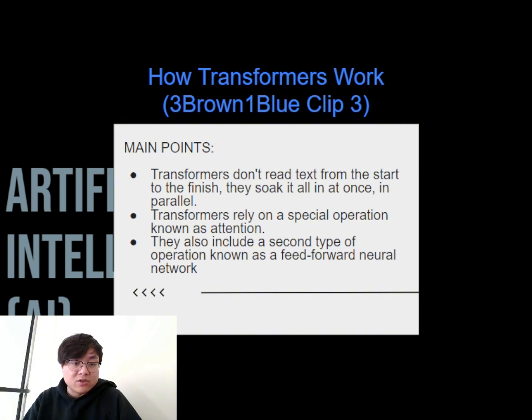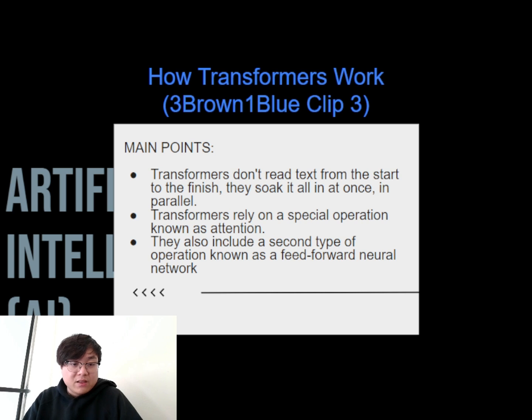The first is attention. This mechanism allows different parts of the input text to communicate and refine their meanings based on the surrounding context. For example, attention can help the model understand whether the word bank refers to a financial institution or a riverbank. The second key operation is feed-forward neural networks.